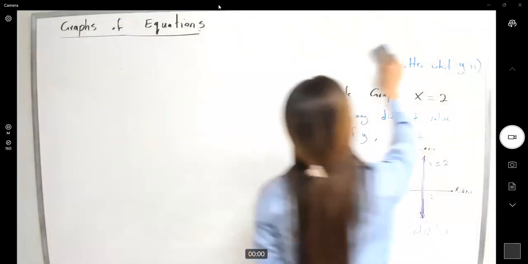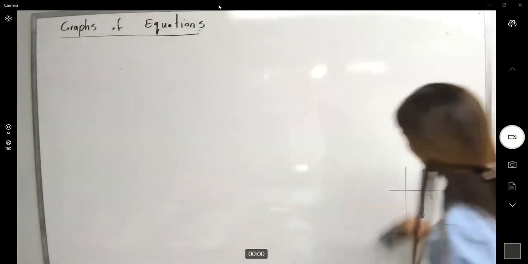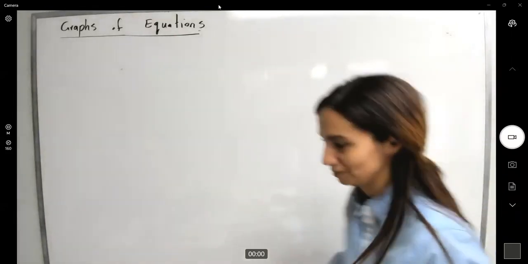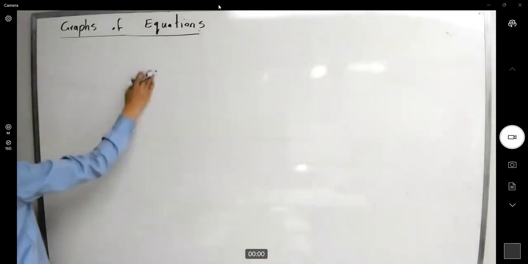A linear function is defined as follows. So the next function is a linear function.